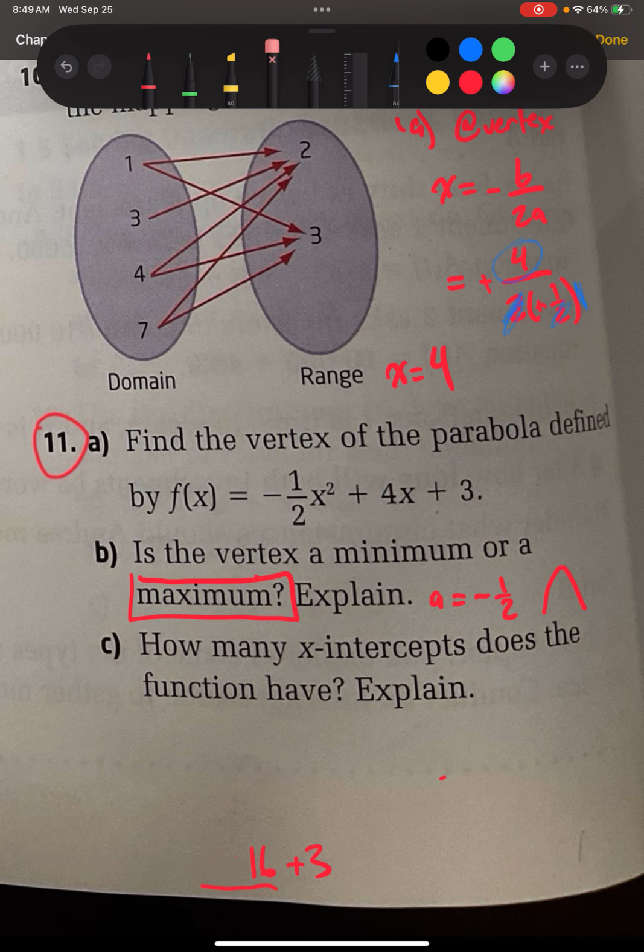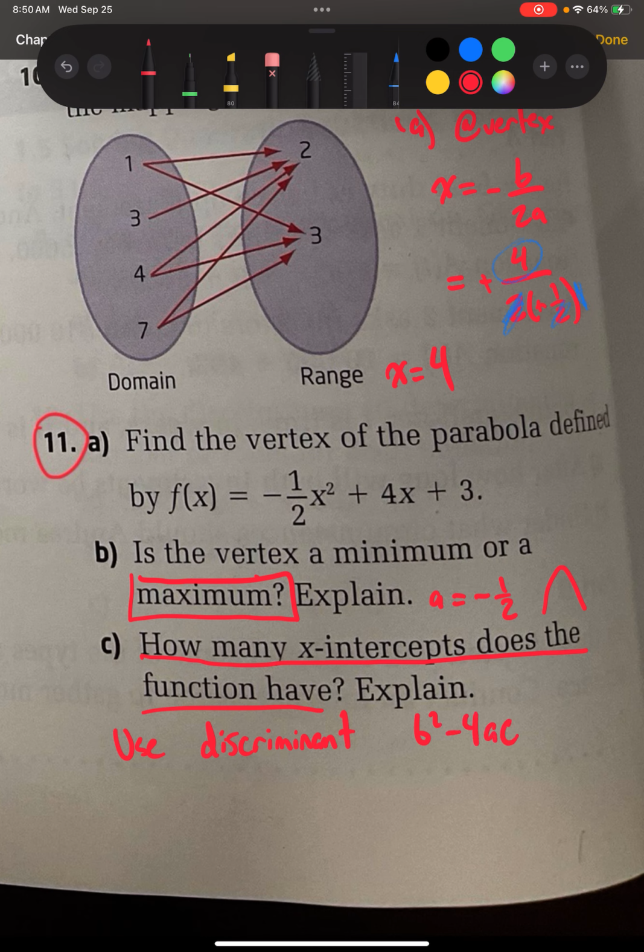All right, next, what do we have? We have how many x-intercepts does the function have? Okay, so a nice way to do this, because it's in standard form, is we can use the discriminant. And that's equal to b squared minus 4ac.